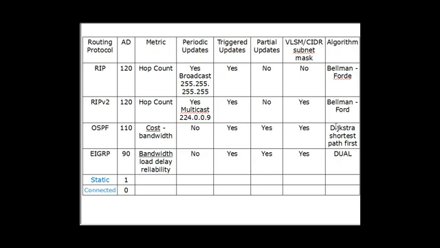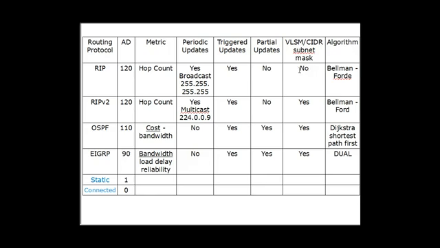Then another important aspect of this is VLSM, variable length subnet mask, or classless interdomain routing. RIP cannot send a subnet mask with its routing table, so it's not able to do classless routing. It has to do classful routing only.